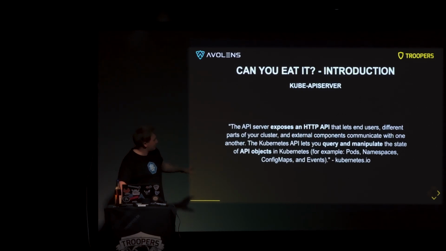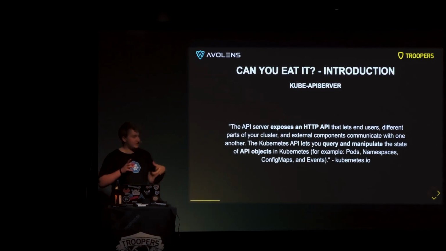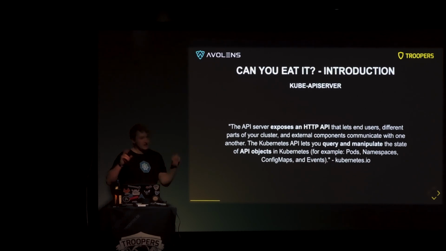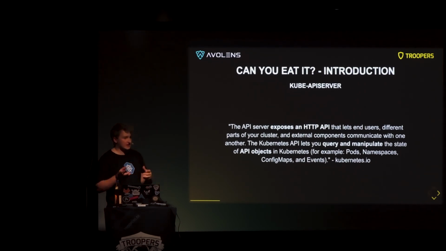This is also something I want to keep really short because Matthias did the introduction to it. I just want to say that the Kube API server is an HTTPS or an HTTP API where users actually talk to the cluster.